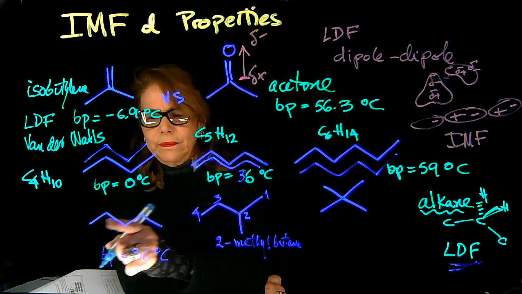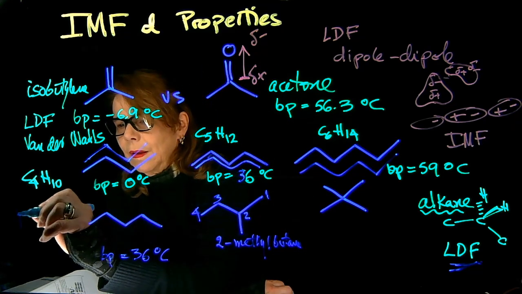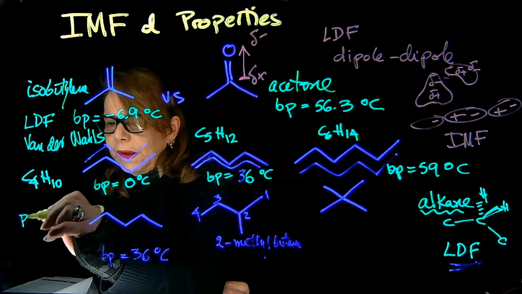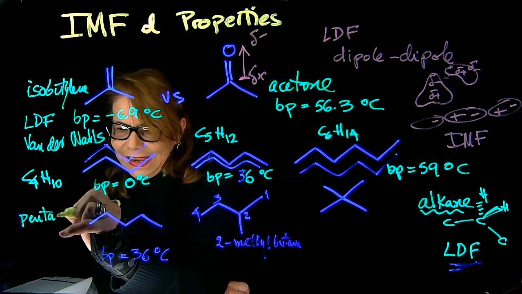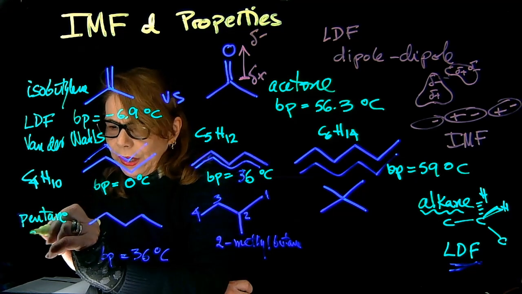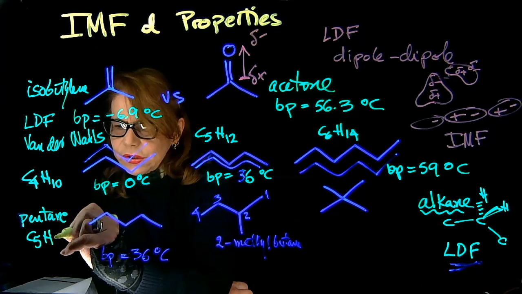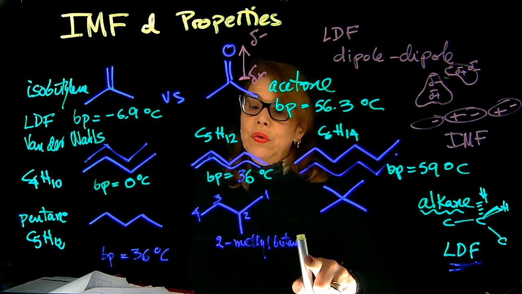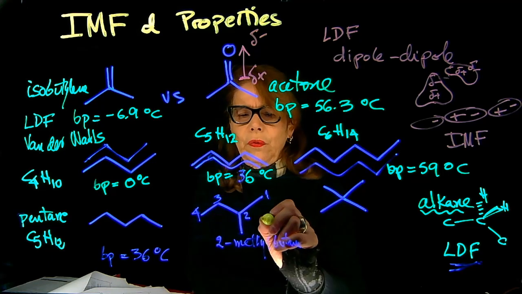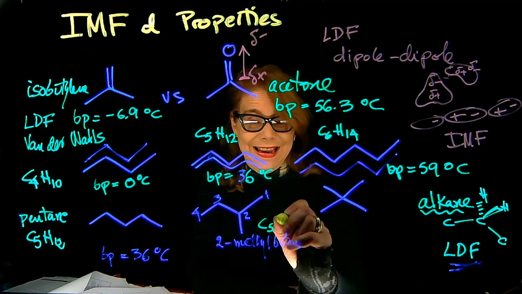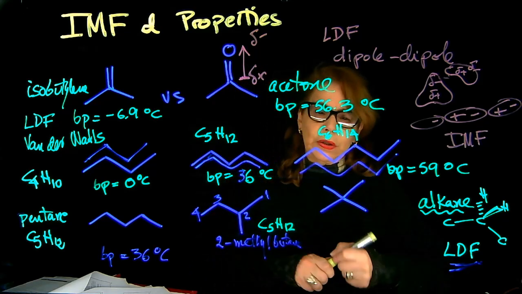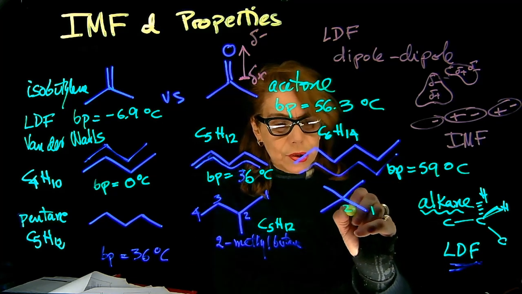Notice here that this molecule is pentane, and the molecular formula is C5H12. What is the molecular formula of 2-methylbutane? It's actually the same. So it is C5H12.